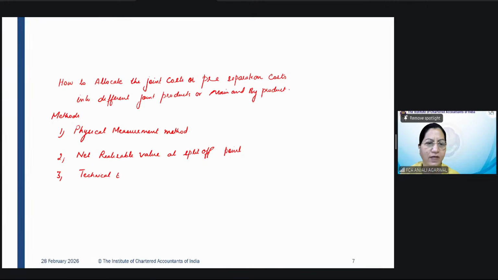So we can have some survey done and some technical experts may do some evaluation and they may tell us that this part of the joint cost should be allocated to product A and this part should be allocated to product B or product C.